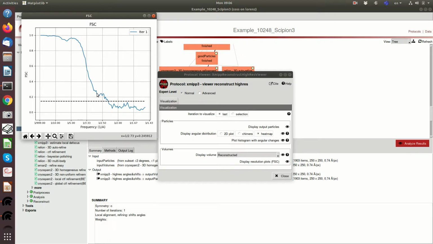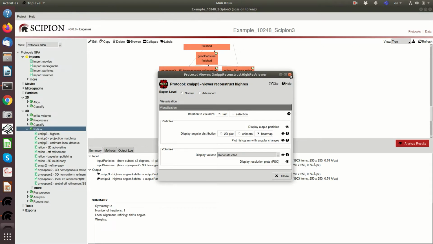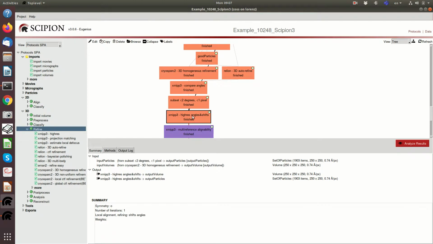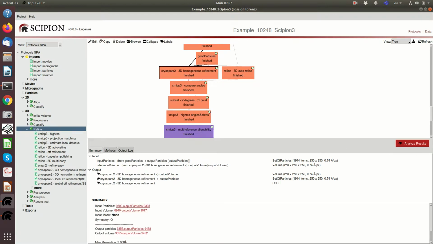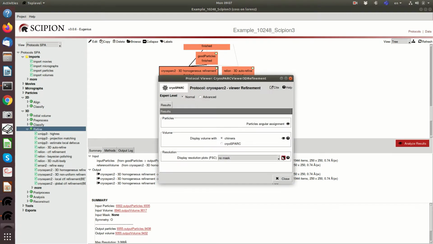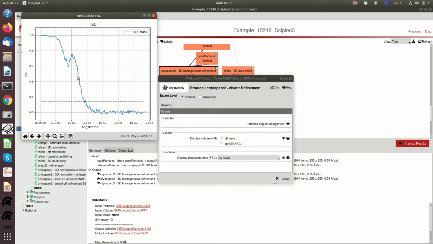Actually, the resolution in high res is typically more related to the crossing of 0.5, so in this case around 3.2, but this is without any masking at all. You can compare to this one, in which the crossing with 0.5 was also earlier, so it was around 4.